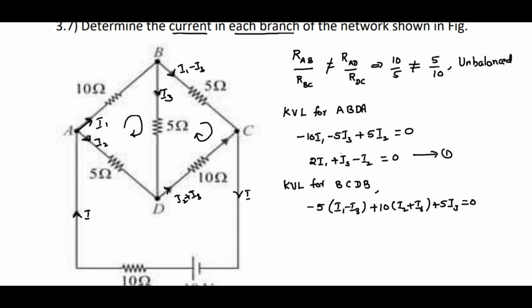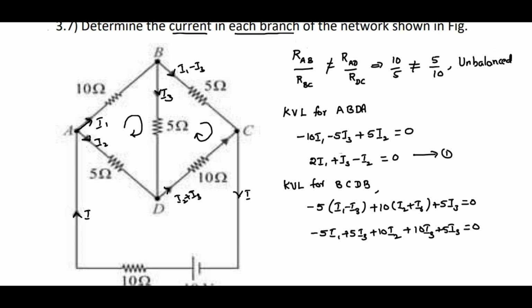Now after simplifying this equation, I will get minus 5 I1 plus 5 I3 plus 10 I2 plus 10 I3 plus 5 I3 is equal to 0.